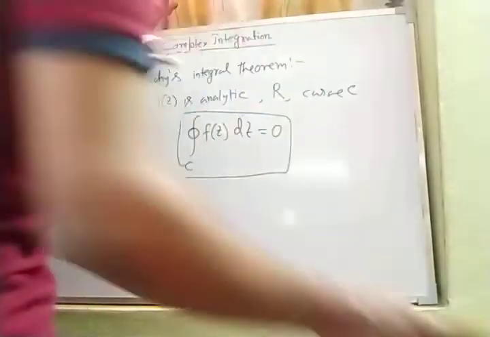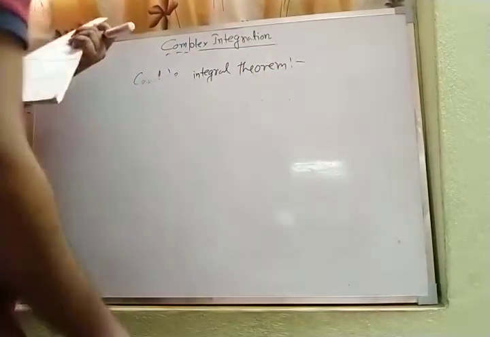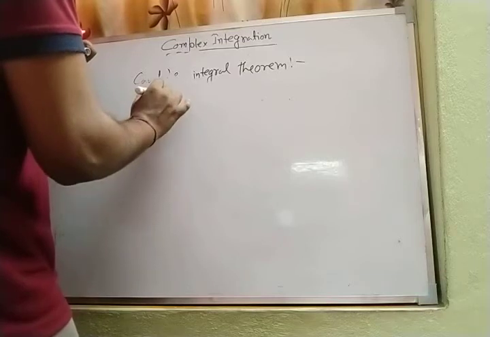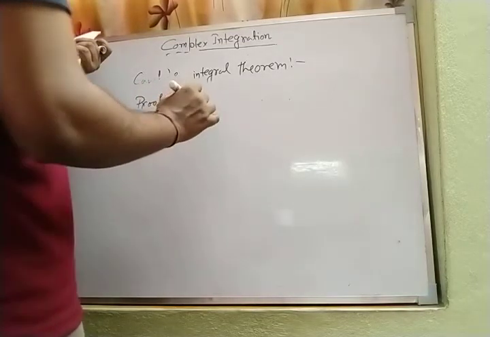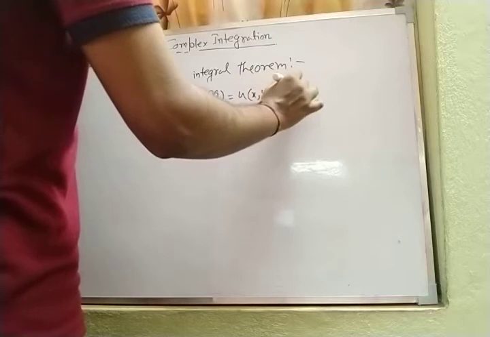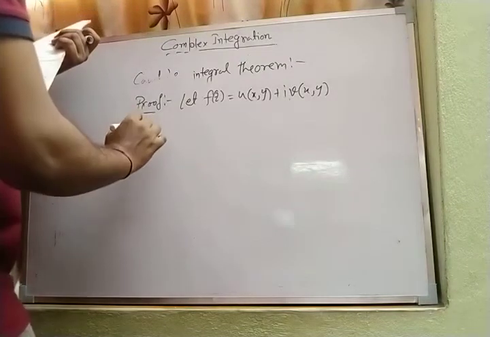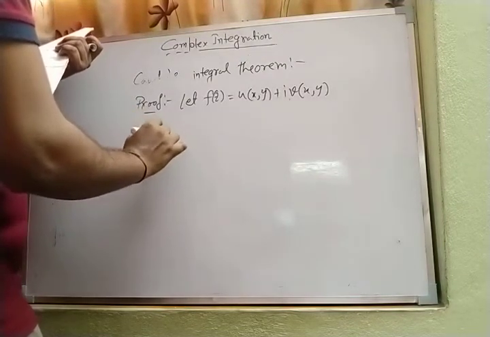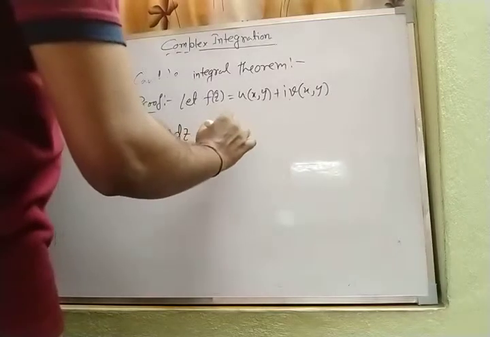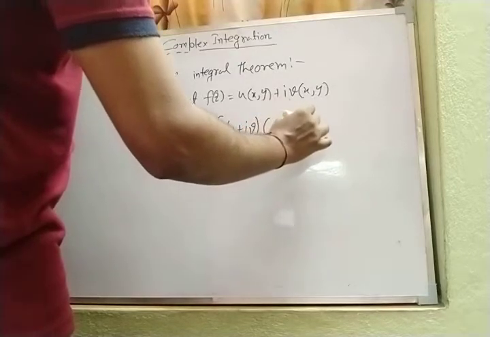So the next thing is the proof of this Cauchy's integral theorem. So let f of z equal u function of x and y plus i v function of x and y, and closed integration over C of f of z dz is equal to closed integration over C of u plus iv into dx plus i dy.